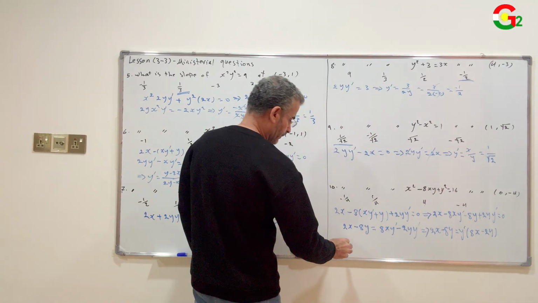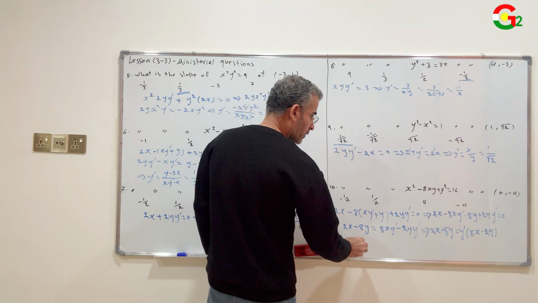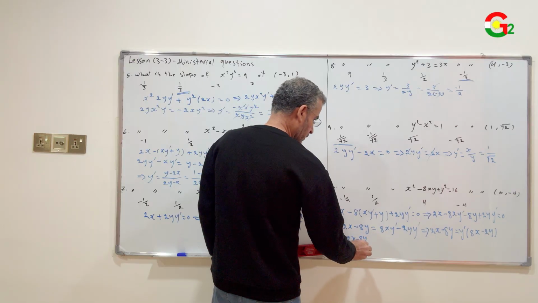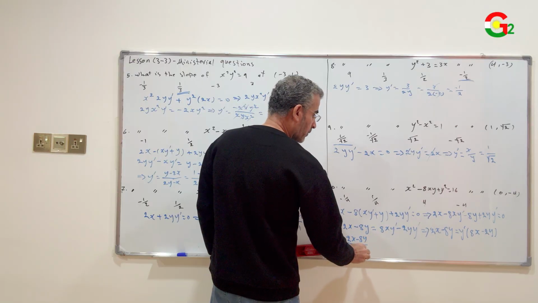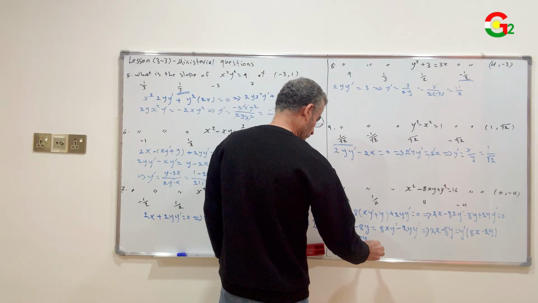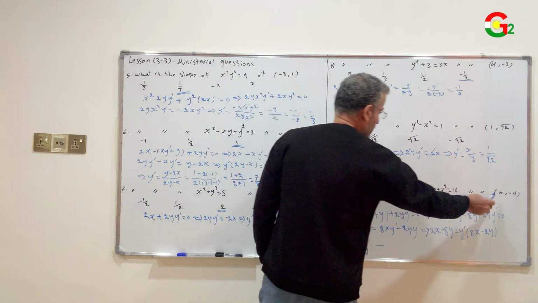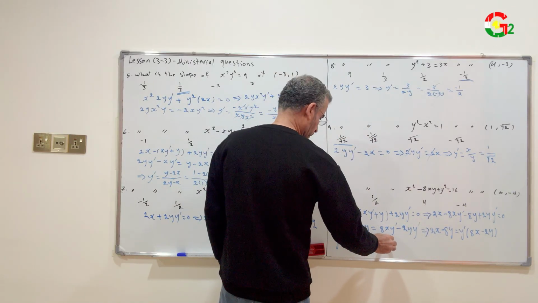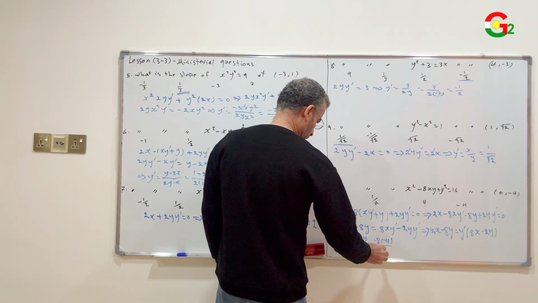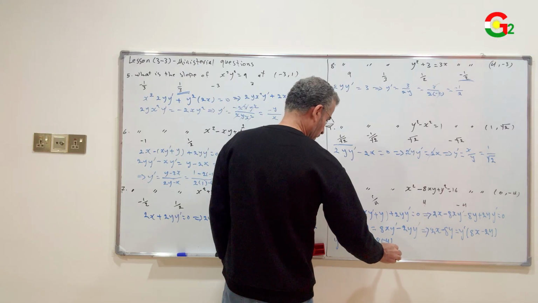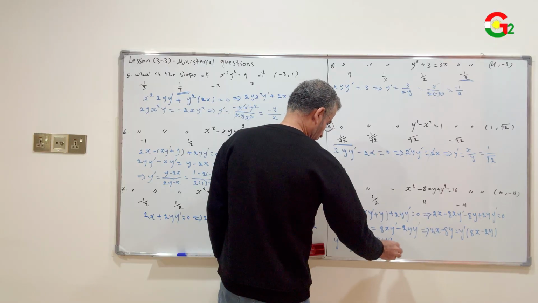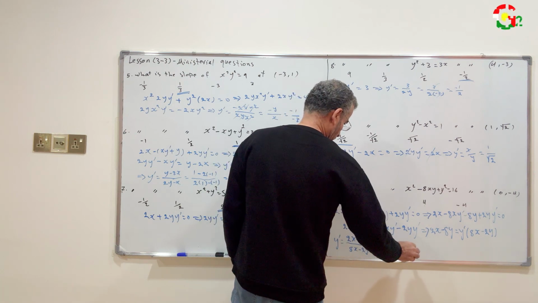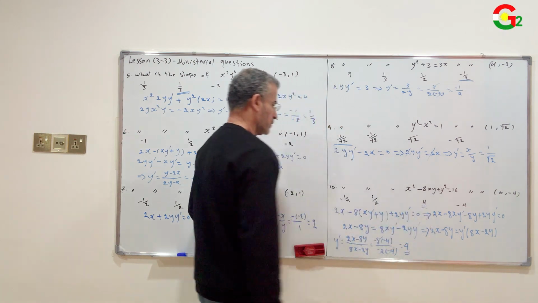Then y prime equals 2x minus 8y over 8x minus 2y, which at the point 0, negative 4 equals negative 8 times negative 4 over negative 2 times negative 4. Negative 4 with negative 4, 2 with 8. The answer is 4. Choice C.